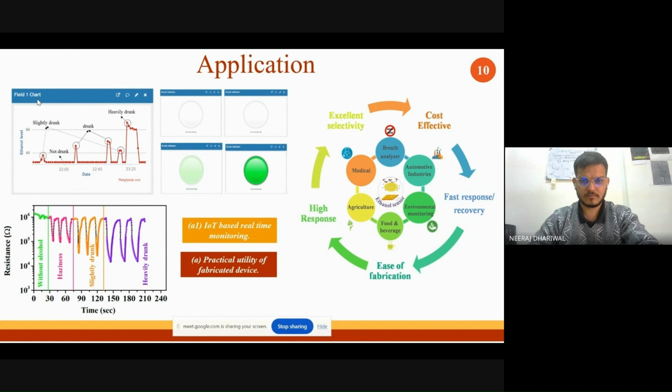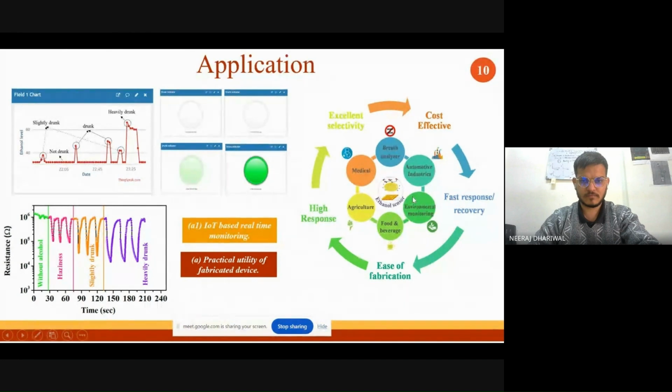The device was connected through IoT, and we get real-time monitoring. This green indicator shows that the person is drunk with a lower limit, which is harmful for the person. The reading was also confirmed by the source meter which was connected to it.